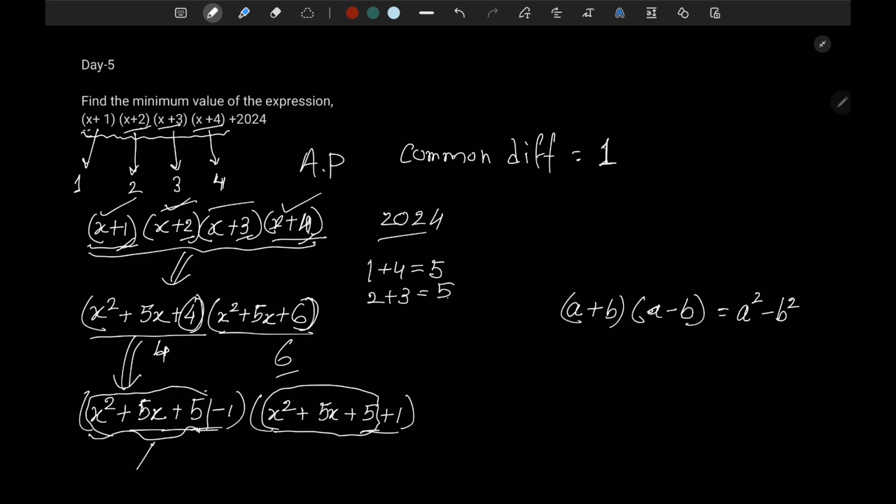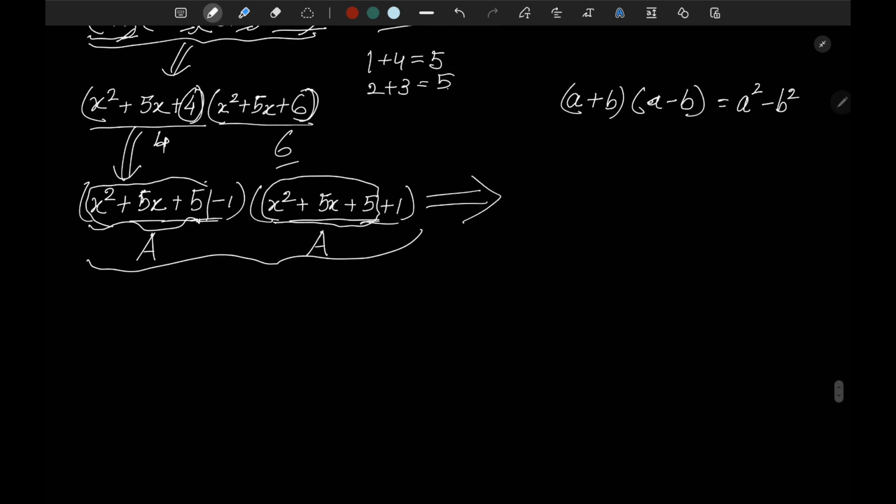Let's name this thing a. This is also a. So what are you essentially getting from this part only? You will get a minus 1 and a plus 1. This breaks down to this. Why? Because of this.